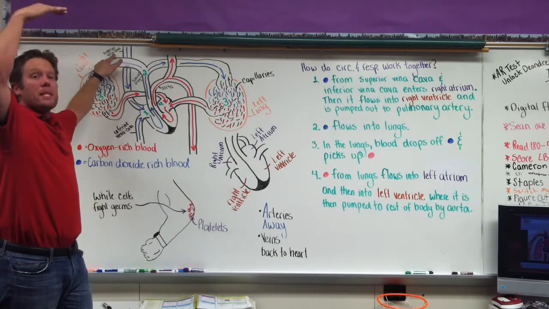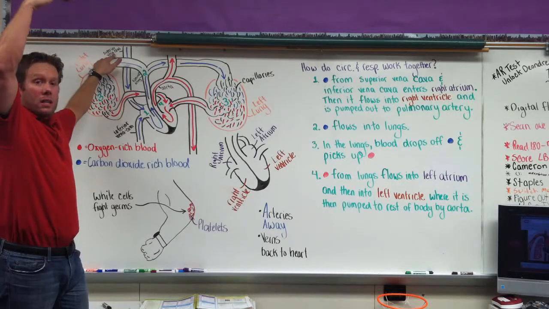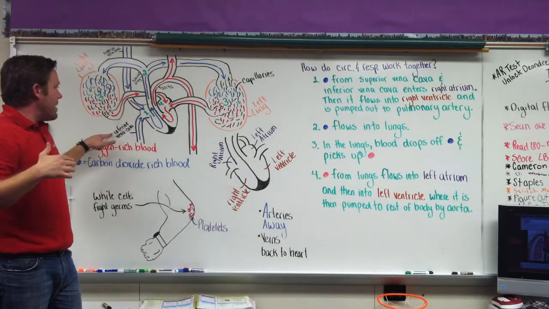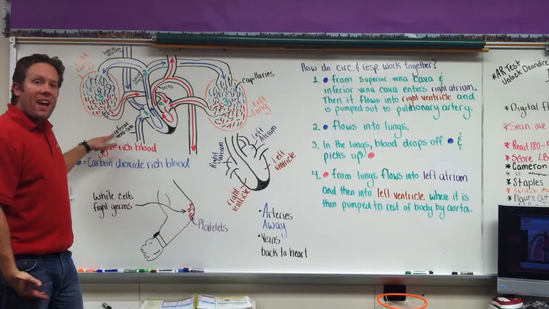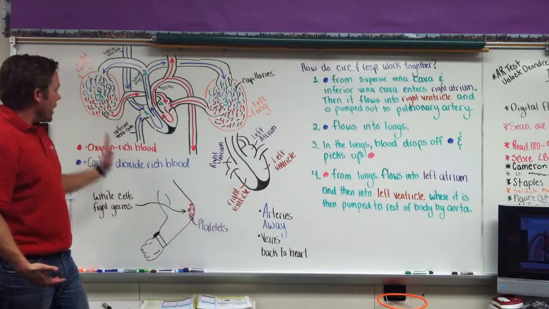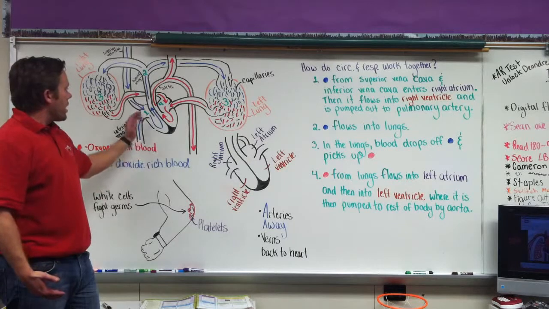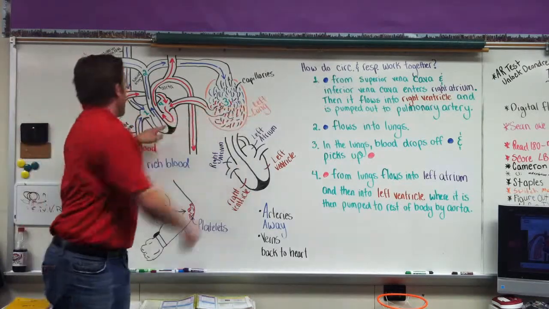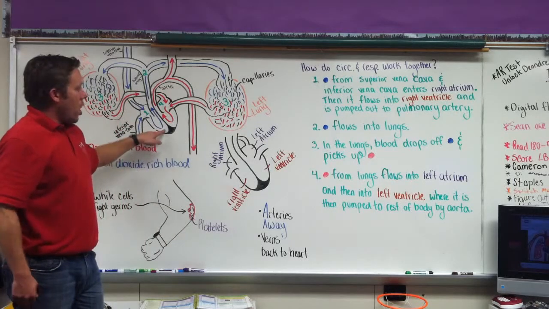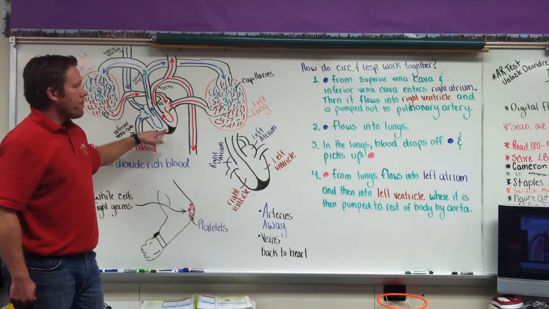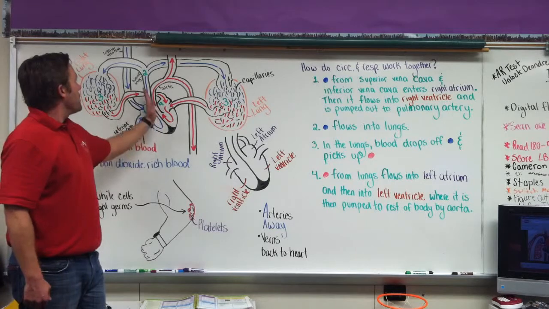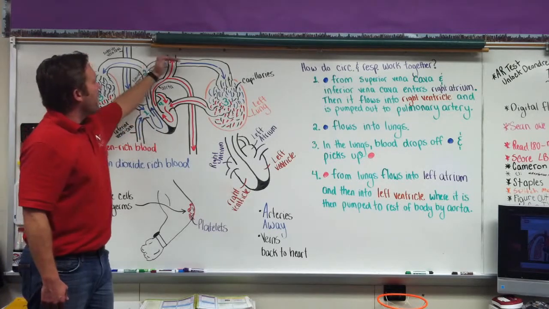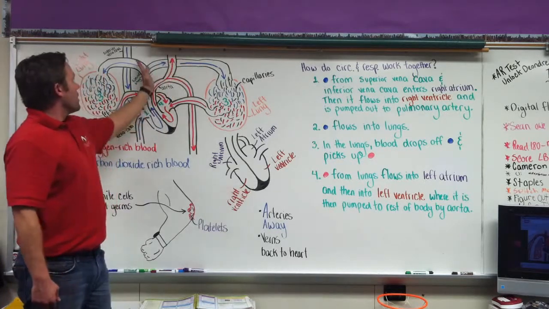If somebody's superior to you, they are on top. And if somebody is inferior to you, they are below. Okay, so oxygen poor blood comes into the right atrium. Then it flows into the right ventricle. And then it is pumped out by the pulmonary artery to the lungs.